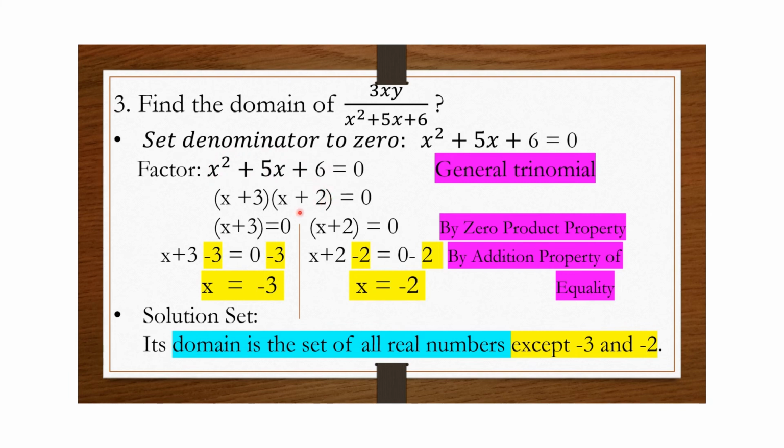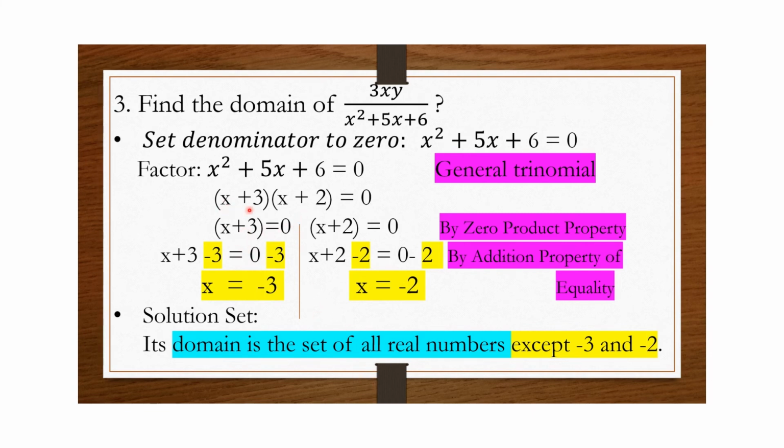Okay? From here, you now apply the zero property as I have given you in the third lesson of our module 2. The zero property says that if for any two real numbers, a times b equals 0, a can be 0 or b can be 0 or both a and b can be 0.